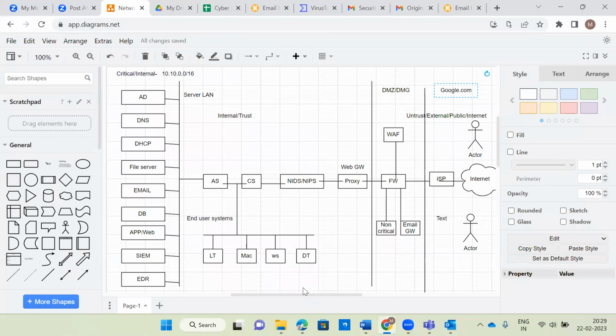Here, non-critical server does not mean a database server, sir. It's not like that. Even some database server data is also important. Example, whenever you are applying to any company, you will enter PII data. What does PII mean? Personally identifiable information.